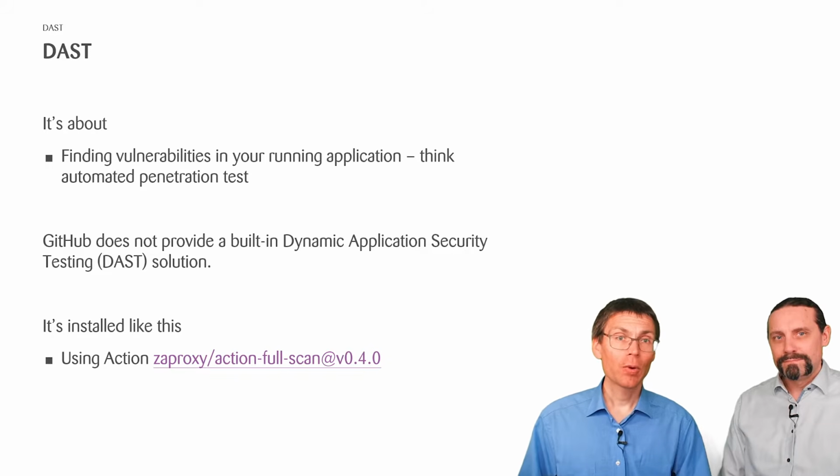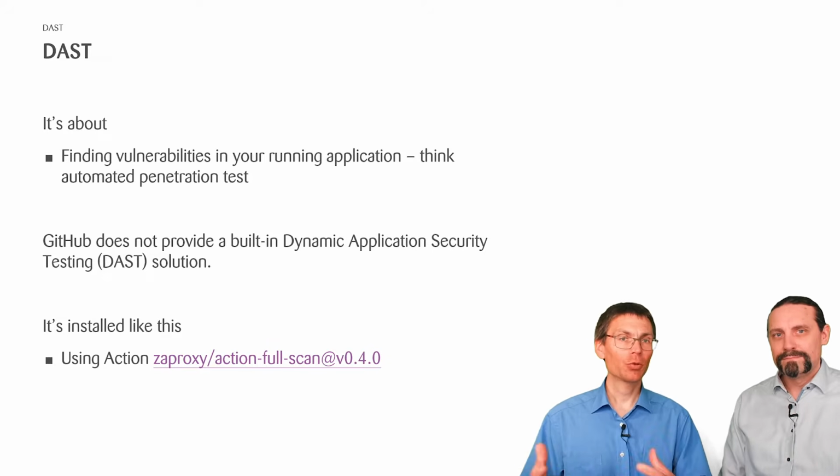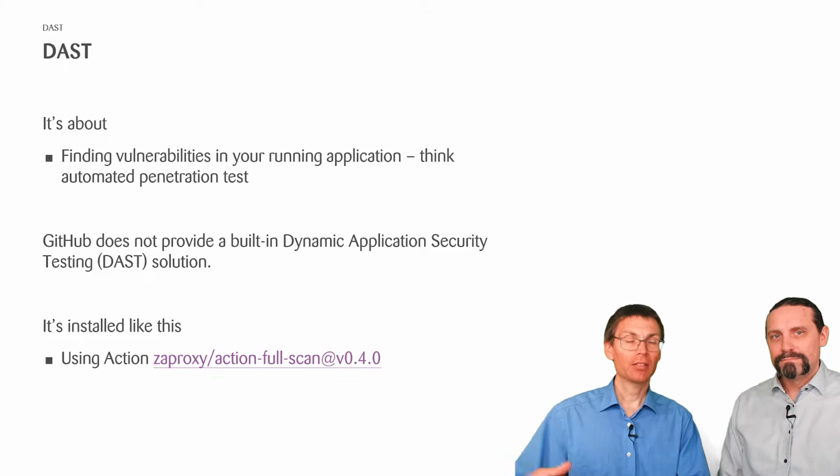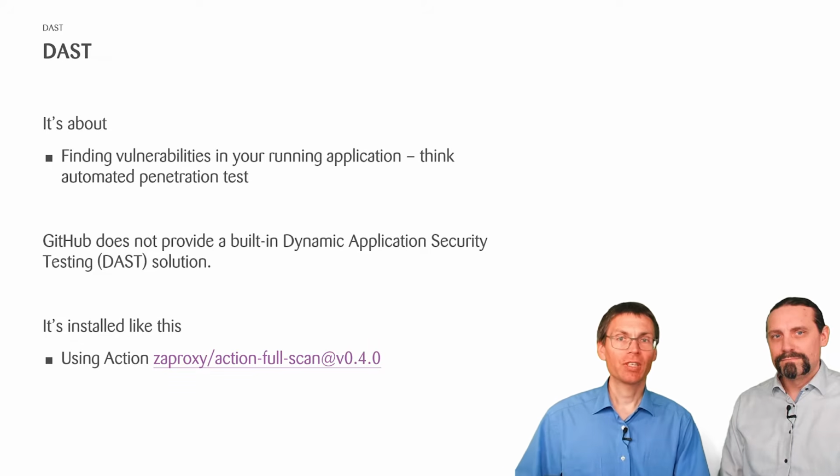This means we had to look for a suitable action and a suitable tool in the community. We finally found a solution based on the well-known OWASP ZAP that was built or wrapped with the action full scan provided by the ZAP team.